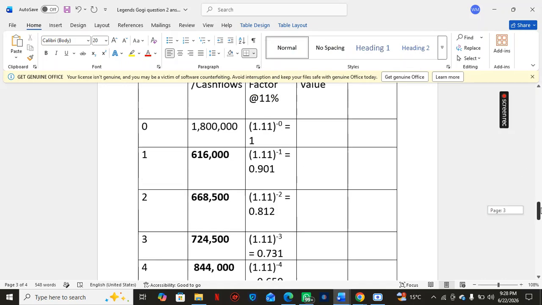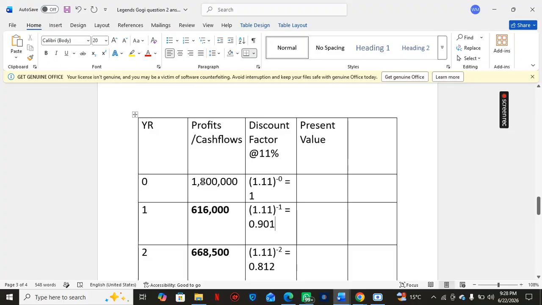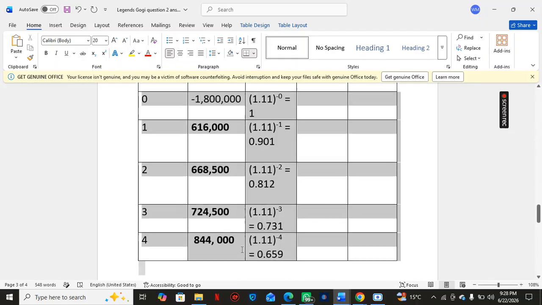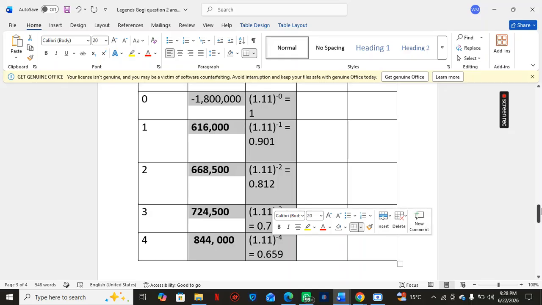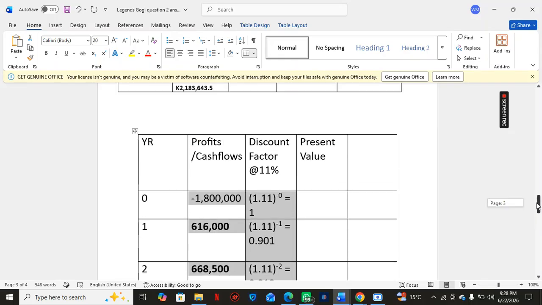Yes. So to get the present value, this has to be a negative, because this is an outflow. Okay. So basically, our cash flows here multiplied by our discount factors will give us the present values.